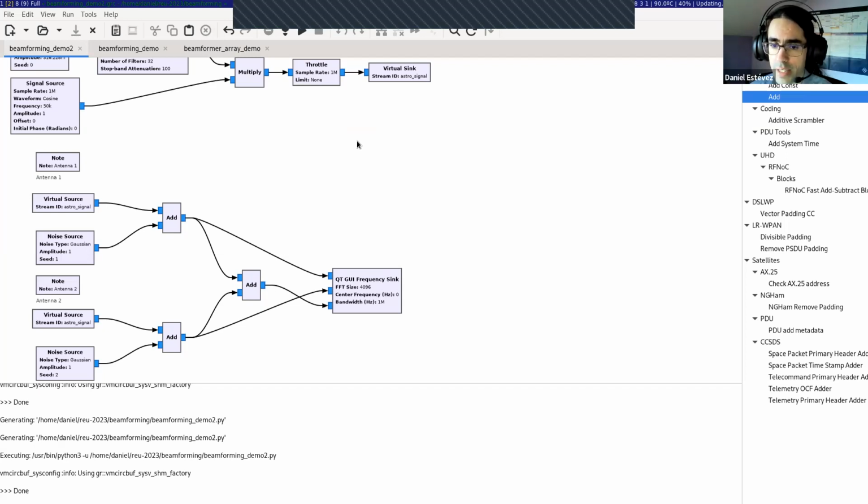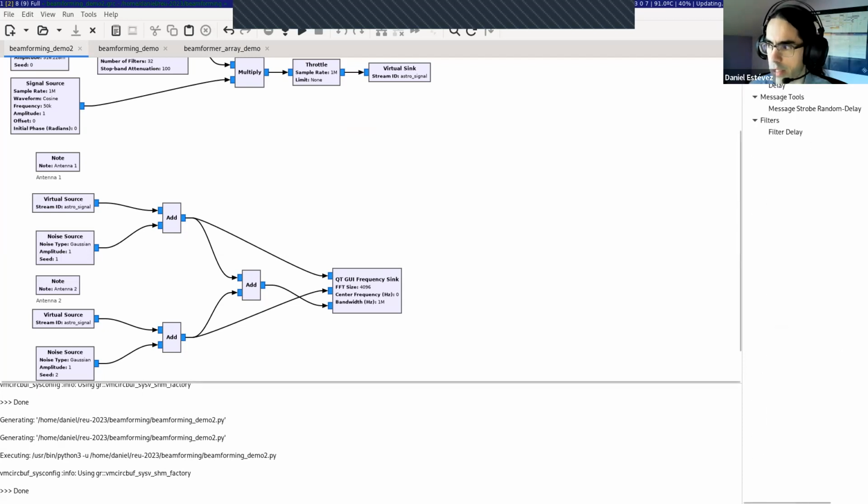We get different delays, and the delays not only affect the signal delay. Here we have this delay block, which accomplishes delaying the signal by a fixed amount of samples. But they also affect the phase of the signal because the signal is a radio frequency signal, so it has a radio frequency carrier wave.